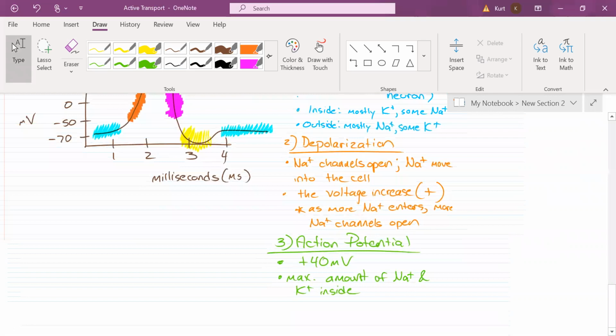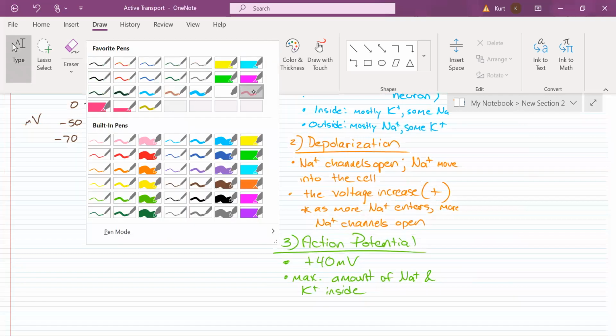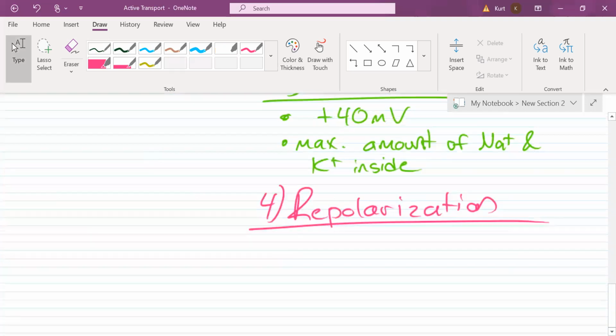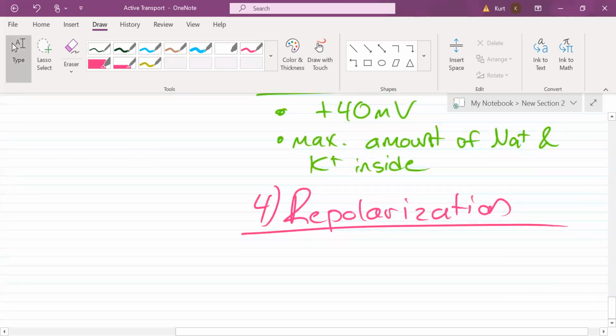Okay, number 4. This is called repolarization. Okay, now pay attention. And remember, you guys need to study this stuff. You can't just get it by sitting here in this class. You need to work it out. So here, potassium channels open.